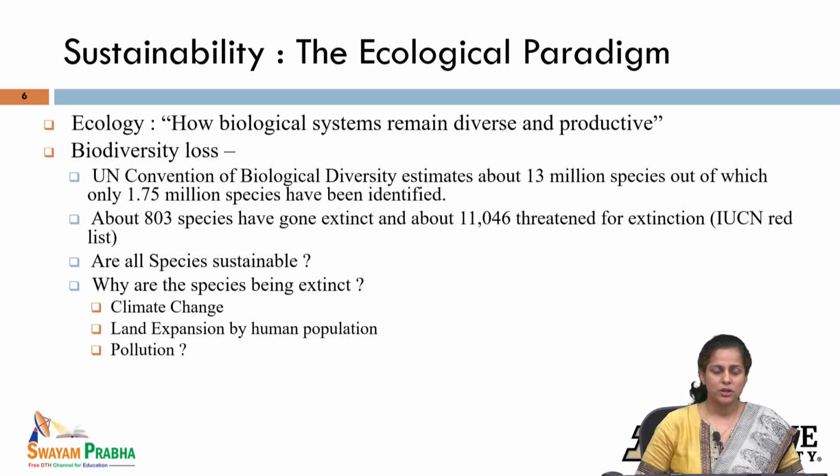Land expansion by the human population has been known to affect wildlife, so there is an inherent conflict between human urban expansion and the maintenance of ecological diversity. The last, which we talk about very often, is pollution. Pollution has affected human health. So definitely the ecological paradigm of sustaining human health itself is necessary to think about in the design of sustainable systems.